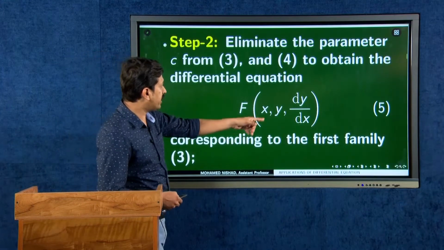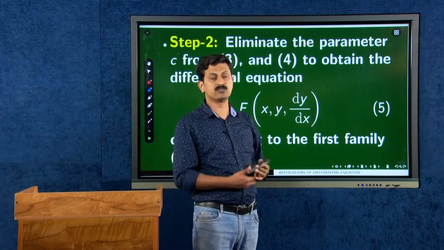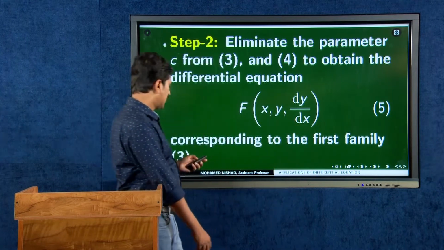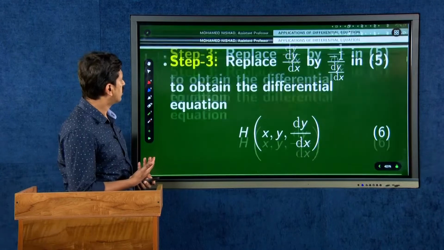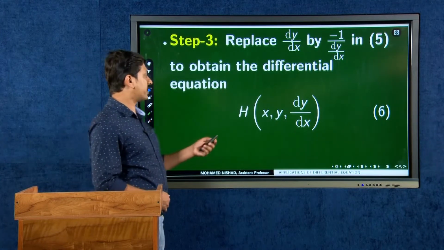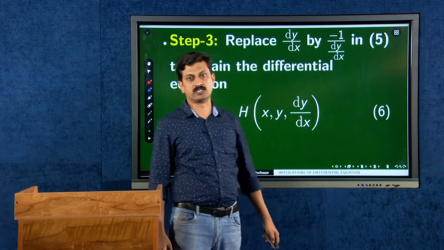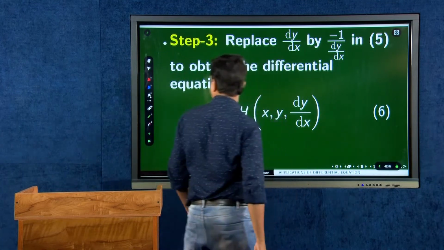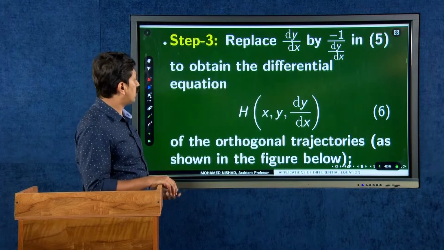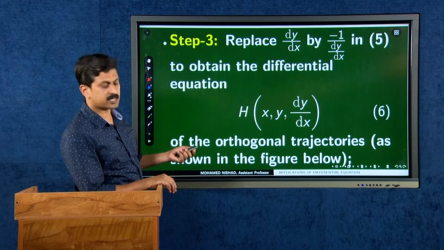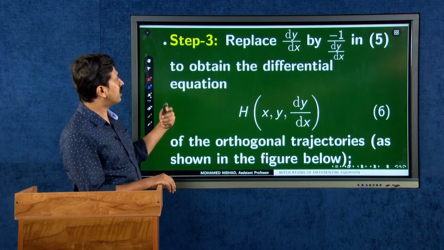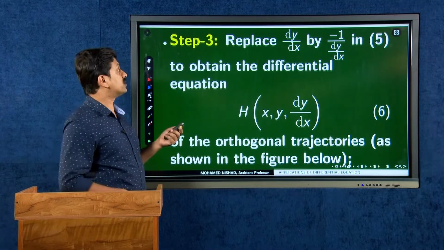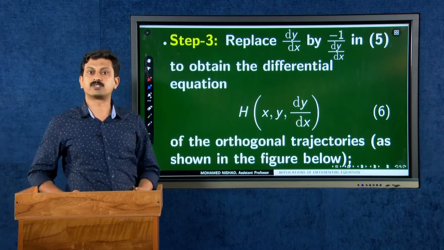See, f of x, y, dy by dx is equal to 0. So we will have another equation, h of x, y, dy by dx equal to 0. We get this differential equation by replacing dy by dx by -1 by dy by dx.